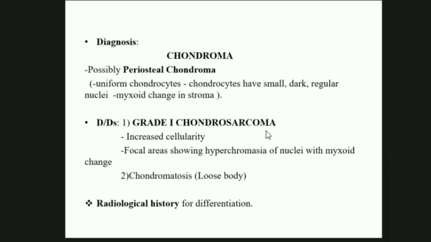And because of increased cellularity, and also we got one area where there was hyperchromasia, we need radiological correlation for grade 1 chondrosarcoma. And chondroma, because uniform chondrocytes were there, dark regular nuclei, also myxoid changes, but myxoid change can be seen in chondrosarcoma.